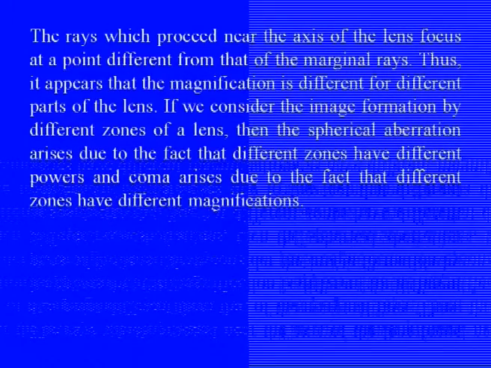This curvature appears really for those rays which are not paraxial, the marginal rays. The rays which proceed near the axis of the lens focus at a point different from that of the marginal rays.